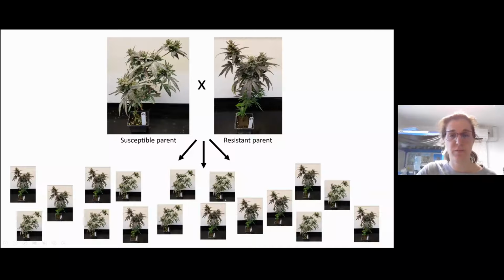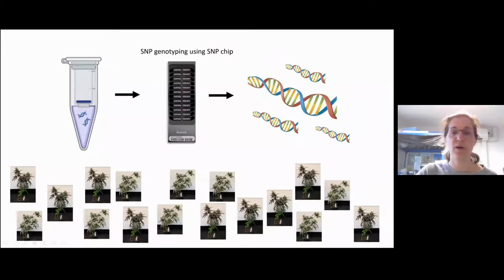All of the progeny will be either susceptible or resistant. We use molecular tools to sequence the DNA from all of these different progeny, and we look at all of the DNA and ask where the differences are in all of these locations, and which differences in the DNA describe this difference in phenotype, this resistant or susceptible phenotype.